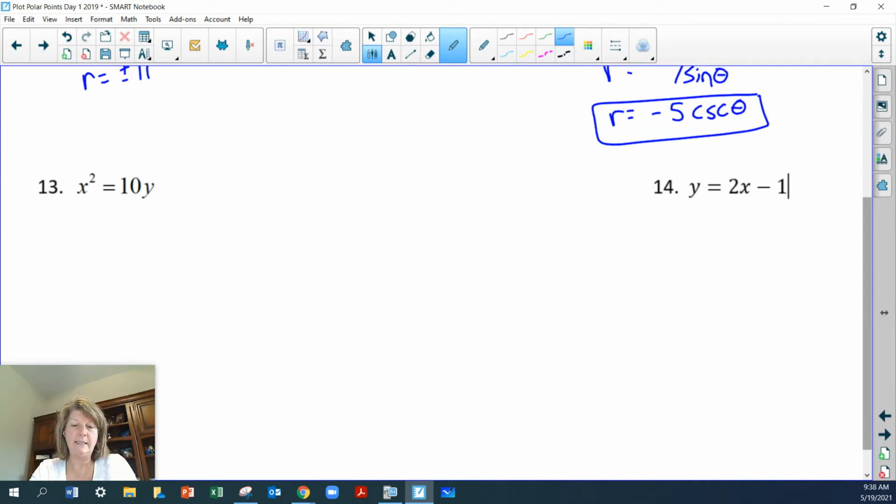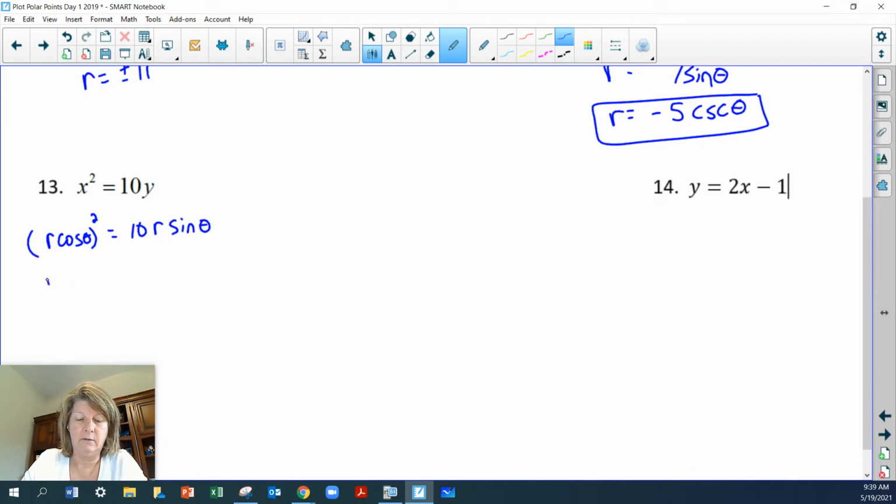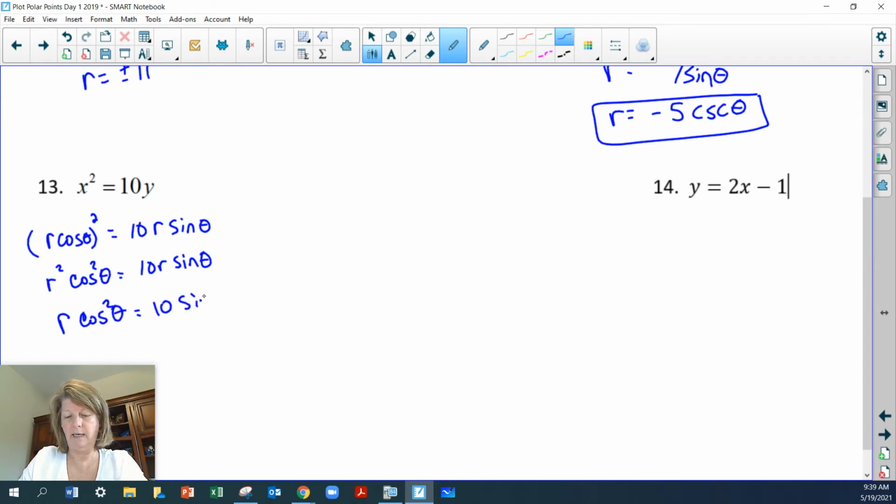All right, the next thing, probably subbing x and y with r cosine theta. I know that's going to get squared, equals 10 r sine theta. Well, this would be r squared cosine squared theta equals 10 r sine theta. Now, keeping in mind we want r's, let's divide by r, and we'd have r cosine squared theta equals 10 sine theta.